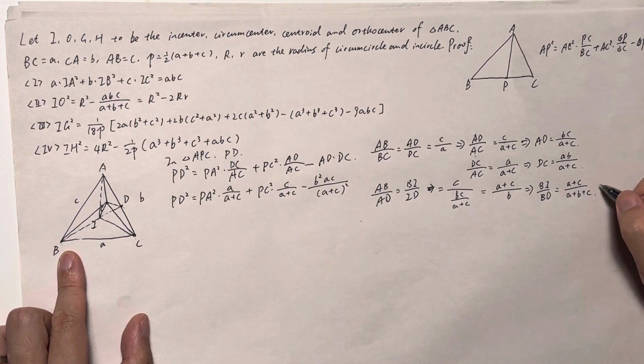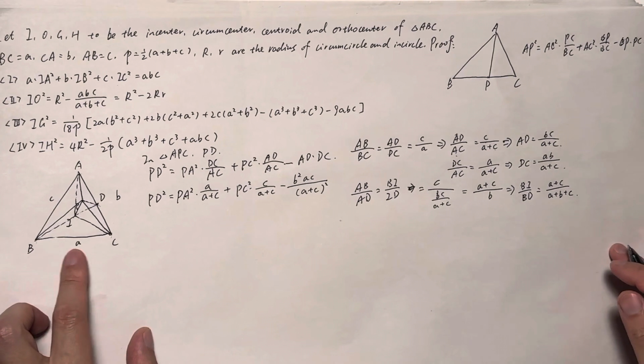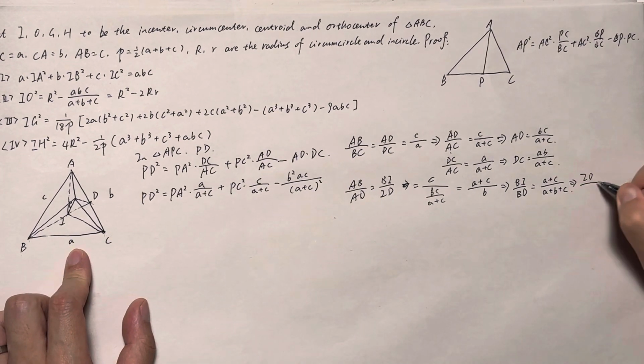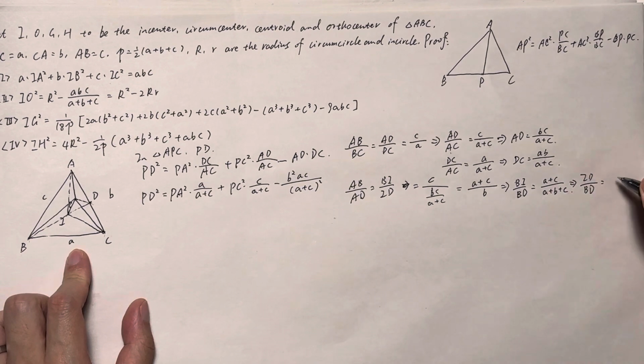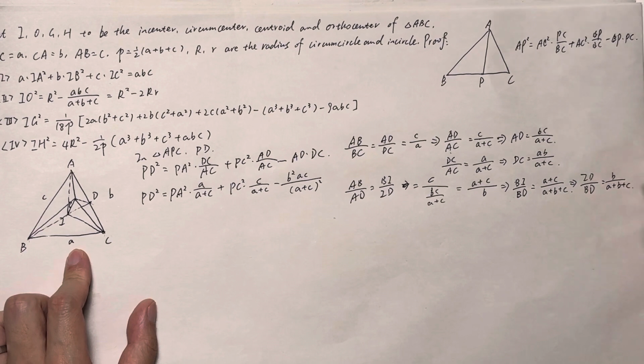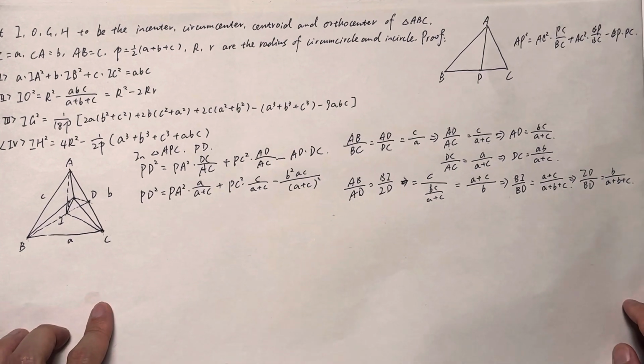And also we got ID to BD equals b to a plus b plus c.